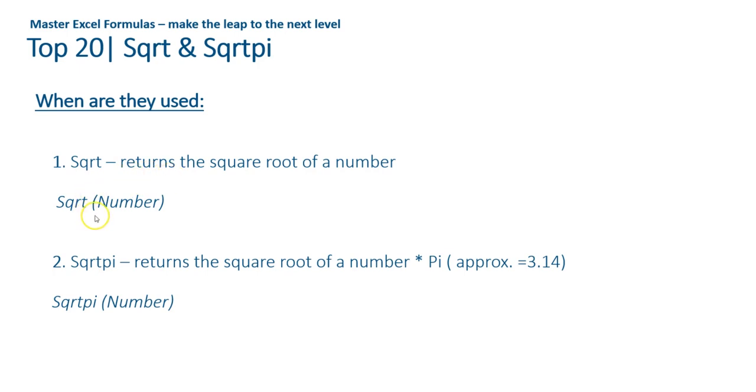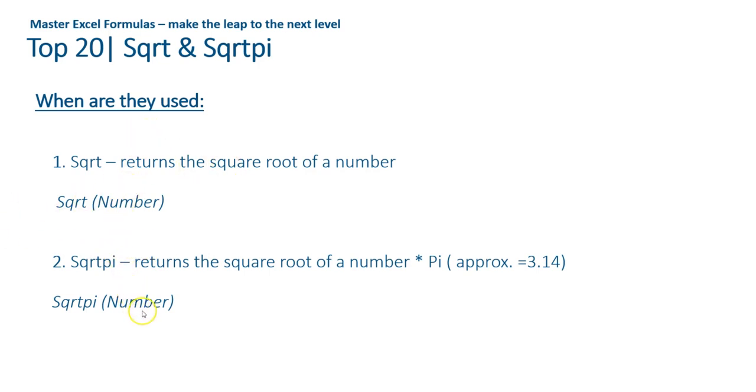The structure is you purely have to type in the formula and then enter a number inside the brackets, whereas SQRTPI does return the square root of a number, but before giving you the final outcome, it actually multiplies it by pi. The approximate value of pi is 3.14. The structure is the same as the SQRT number.